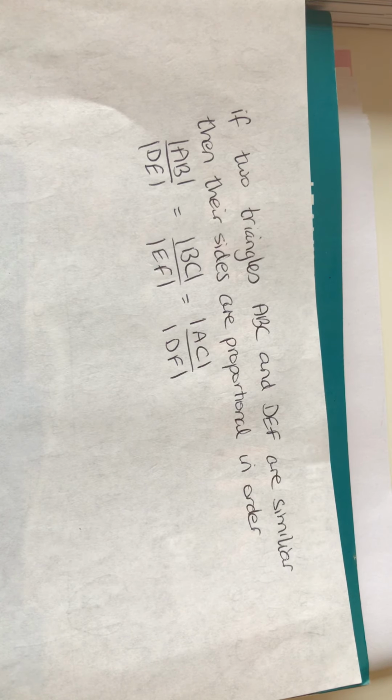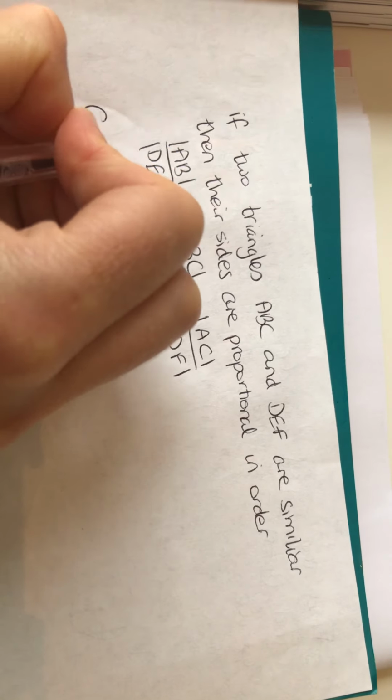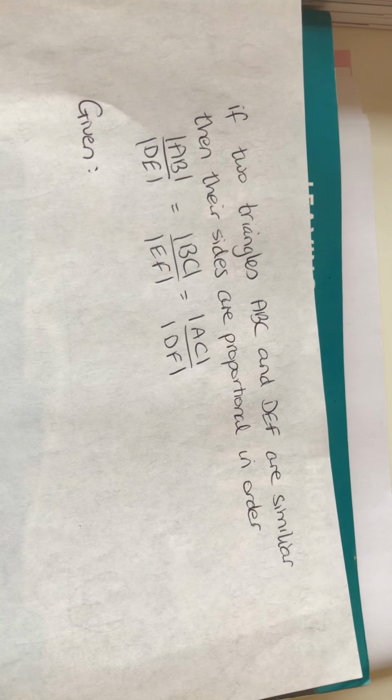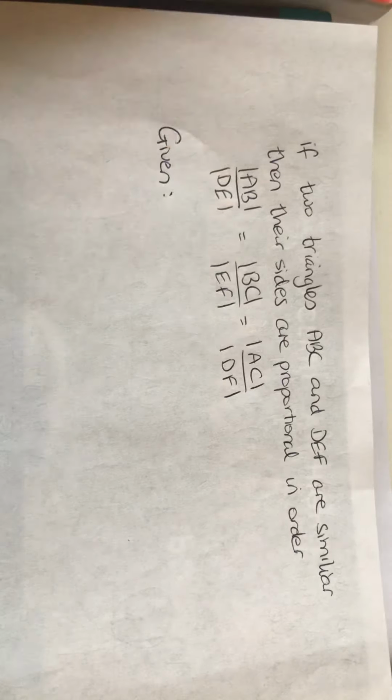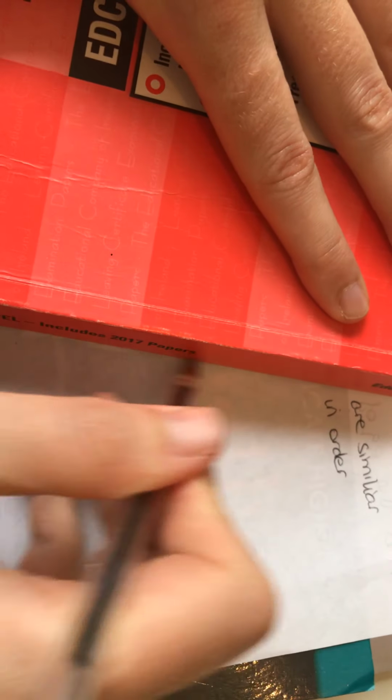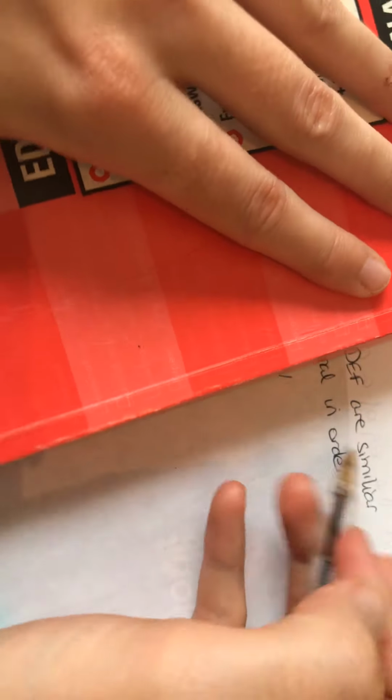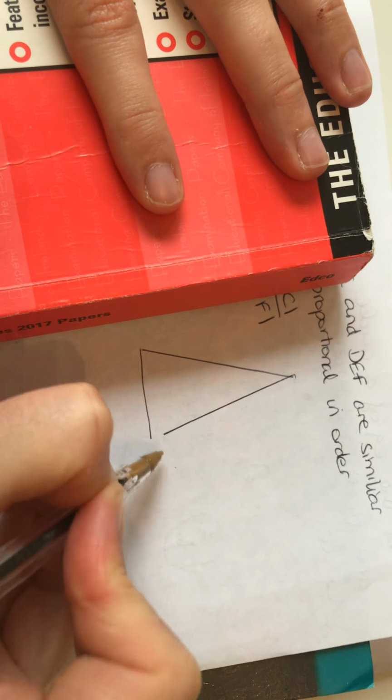Right, so given. What was I given in the question? I was given two similar triangles, ABC and DEF. I'm going to get my drawings again. I'm going to make ABC a bit bigger. I'm not making them isosceles or anything like that.